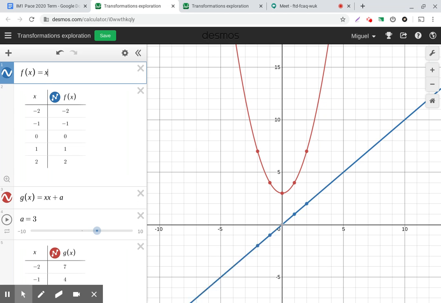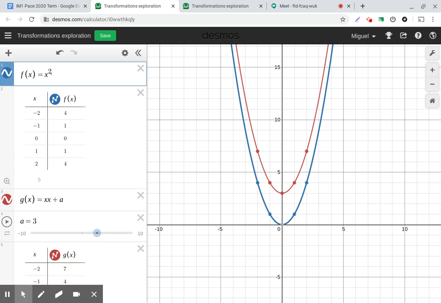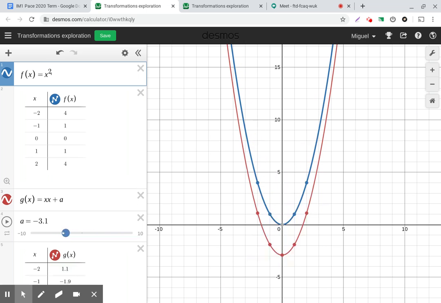You can put xx or x squared. It's easier to put xx. And what do you think it does? When you're in IM2, what is this extra number going to do to the same U-shaped thing? It's going to move it up or what? Or down. Okay.